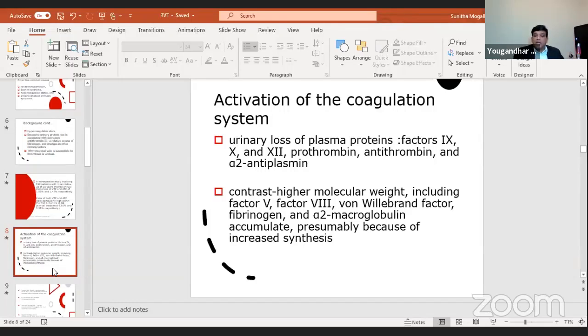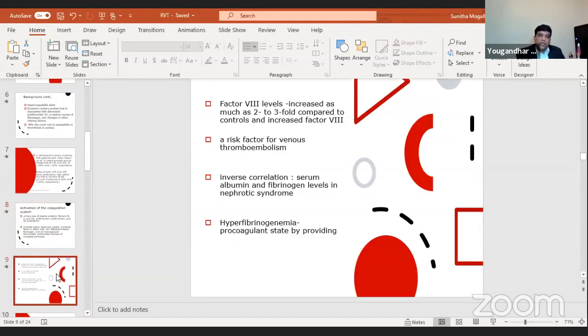But in contrast, the high molecular weight proteins like factor 5, 8, and fibrinogen, the procoagulant factors, accumulate. So as you can see, the proteins that will protect you from clotting you're losing through the urine, and proteins that will put you at a high risk of coagulation increase during this syndrome.